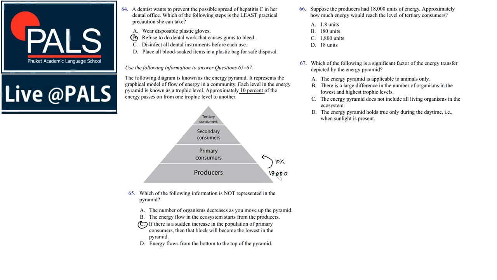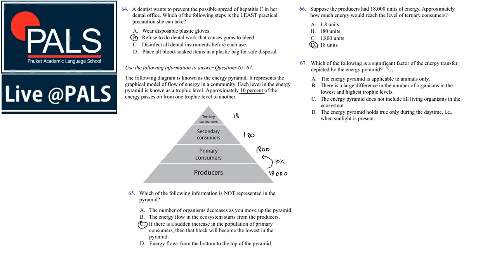Reducing 18,000 to 10%, we just divide it by 10 basically. That makes it 1,800, and then 10% of that is 180, and 10% of that is 18. So the correct answer is D, 18 units.